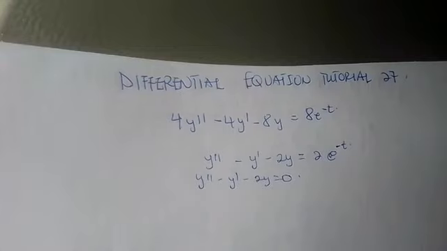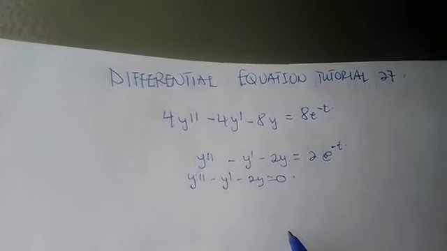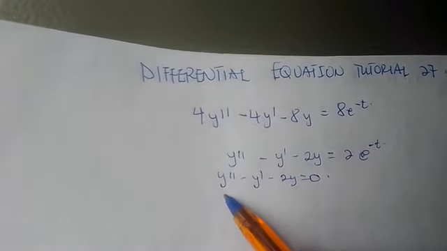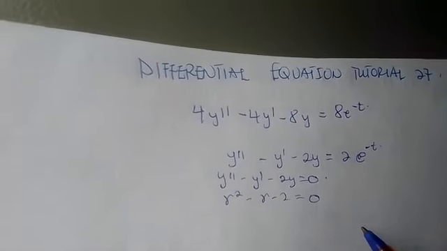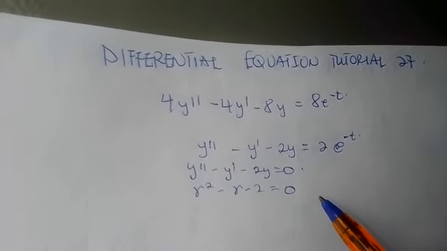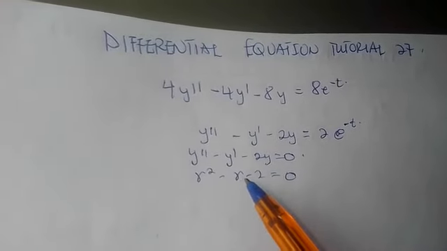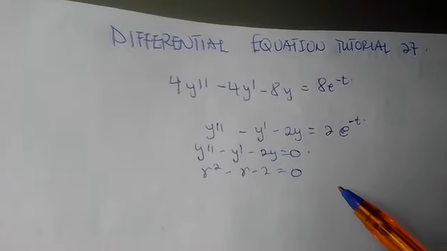Once I get the homogeneous form, I apply my characteristic equation and find my complementary solution. My characteristic equation is r^2 - r - 2 = 0. What am I going to get for r? I need factors of -2 that add up to -1.